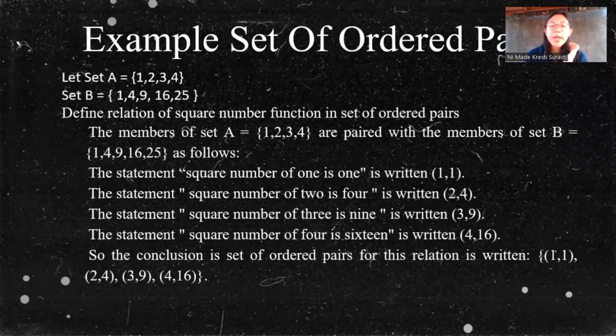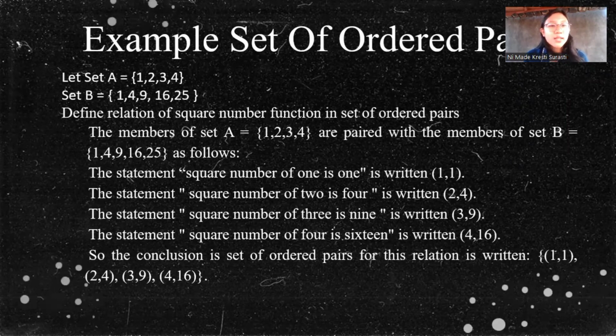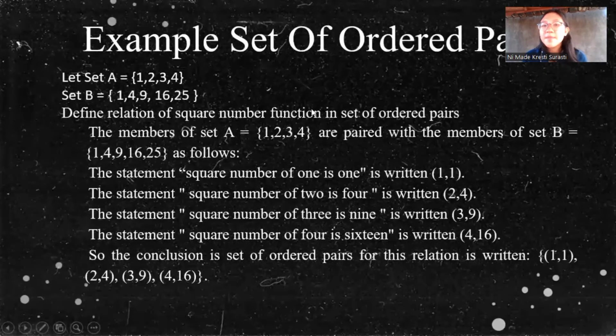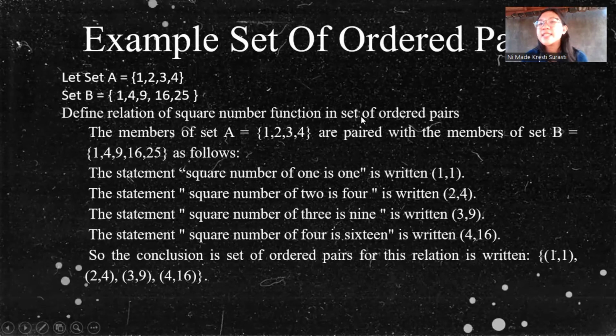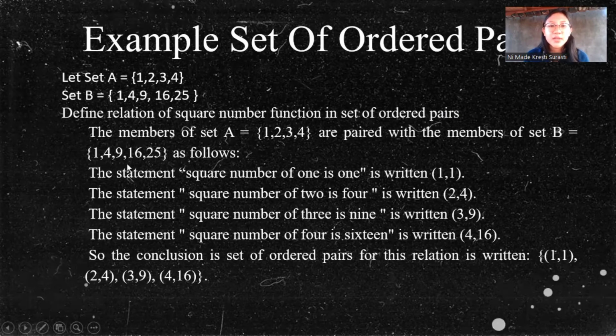There we have set A of 1, 2, 3, and 4, and set B of 1, 4, 9, 16, and 25. Define the relation of the square number function as a set of ordered pairs.